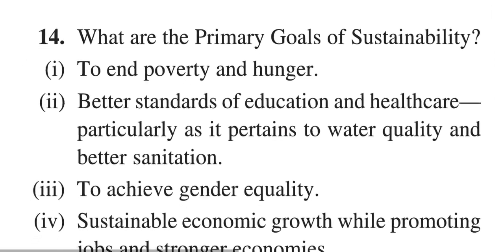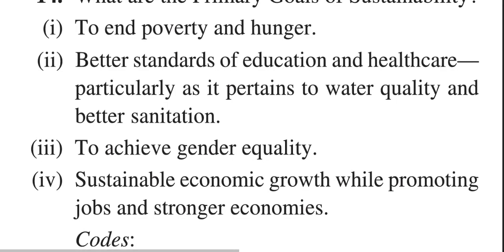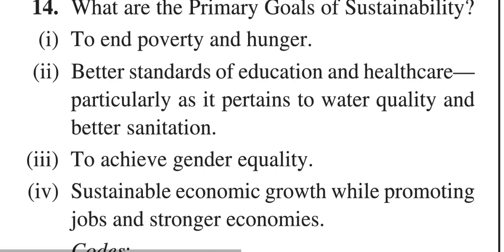Number 14, it's a bit long question. It says, what are the primary goals of sustainability? 1, to end poverty and hunger. 2, better standards of education and healthcare, particularly as it pertains to water quality and better sanitation. 3, to achieve gender equality. 4, sustainable economic growth while promoting jobs and stronger economies.